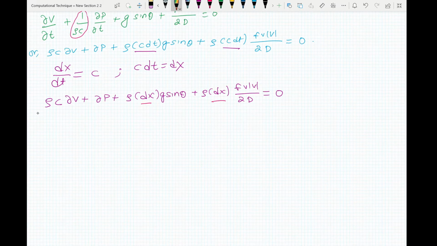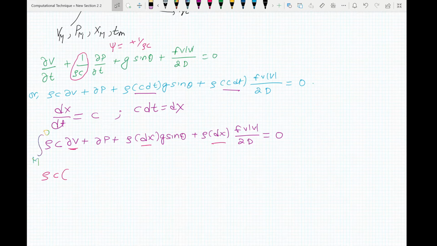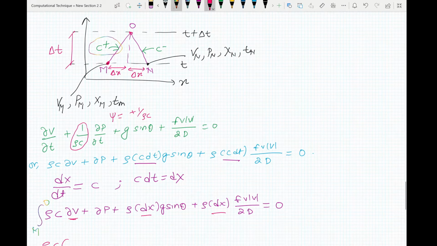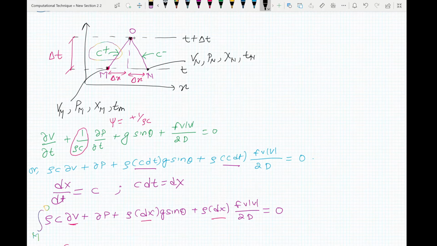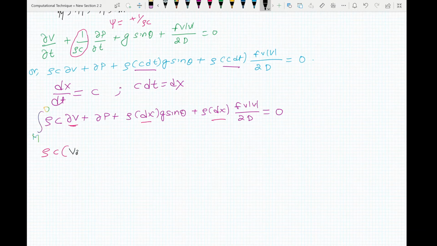So you can integrate this from m to o, and then you can write this in finite difference form as, this dv is the difference in velocities at point o and point m. If the velocity at this point is vo and this point is vm, then what you can write here is vo minus vm.